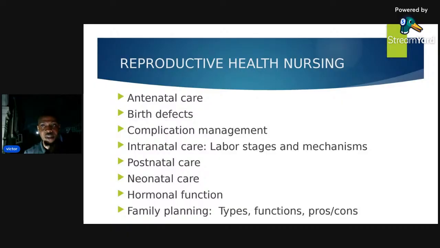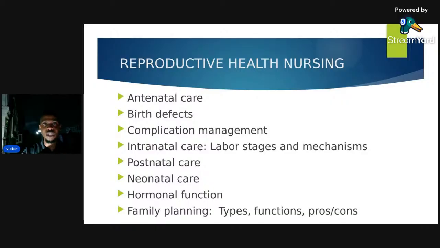You can also have sickle cell. So when you go for this test during this visit, it allows them to detect it early and they will give you an option, either you want to keep the child or you want to abort. So they will make decisions based on what you have told them to do.